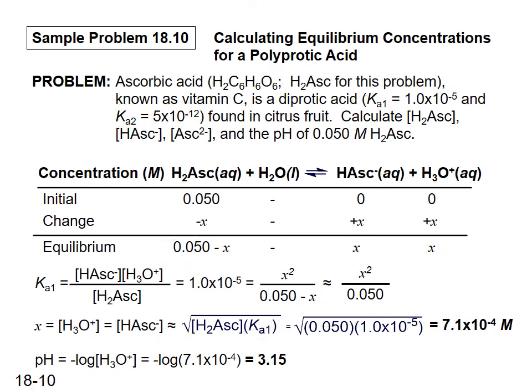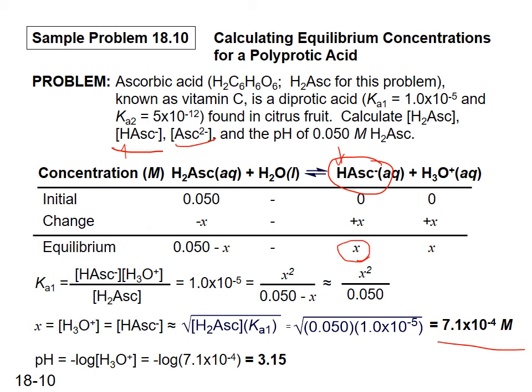After we calculate the hydronium concentration, now we look at the question that also asks you for the anion with 1 hydrogen and the anion with no hydrogen. If you look at the equation, the product is the anion with 1 hydrogen, and that concentration should equal x.